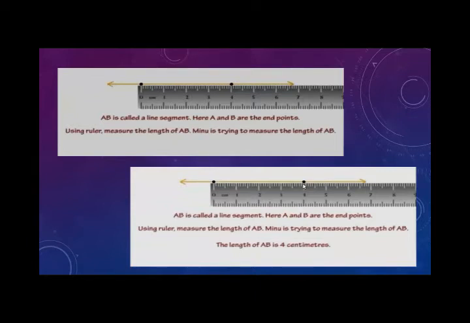The measurement of line AB is 4 centimeters. She puts the scale at 0 and the other endpoint ends up at 4. So the line segment AB has a length of 4 centimeters. In this way you measure a line segment.